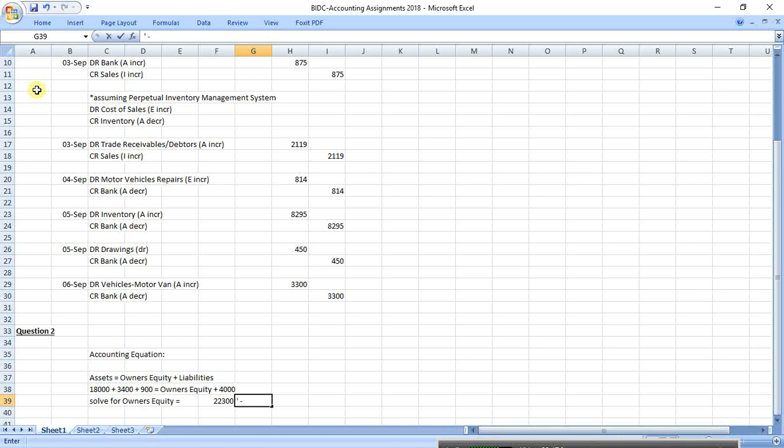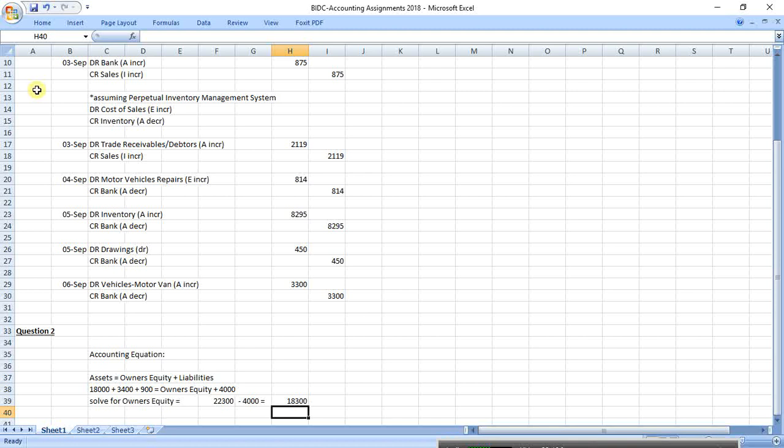Yes. Less 4,000 because you're taking things to the one side. So 22,300 minus 4,000 gives you 18,300. Yeah, that's good. You can show all the steps and then just take the 4 across. Perfect. Equals owner's equity.